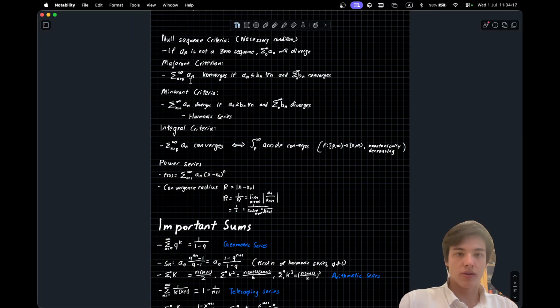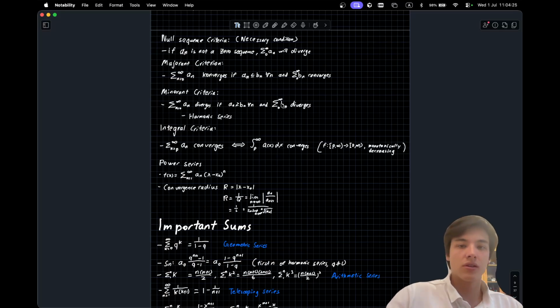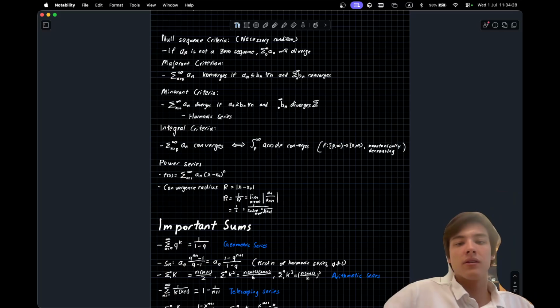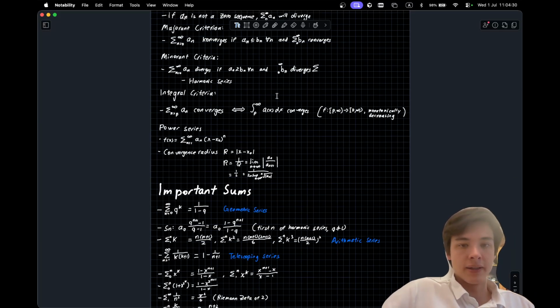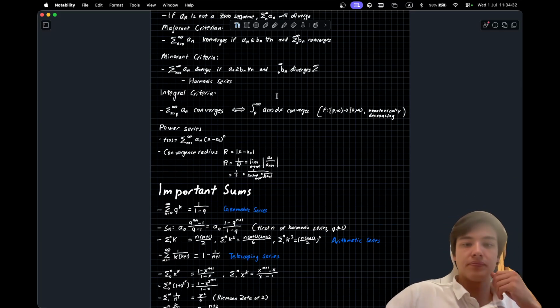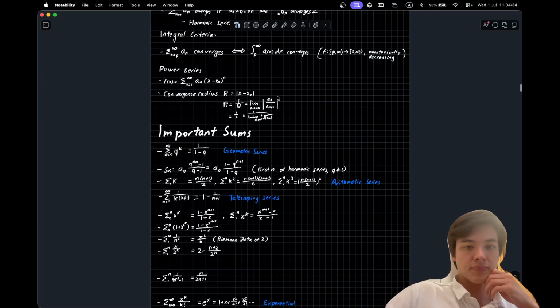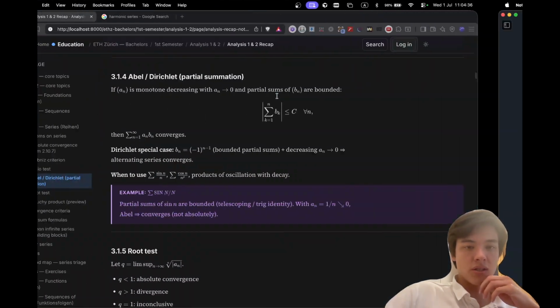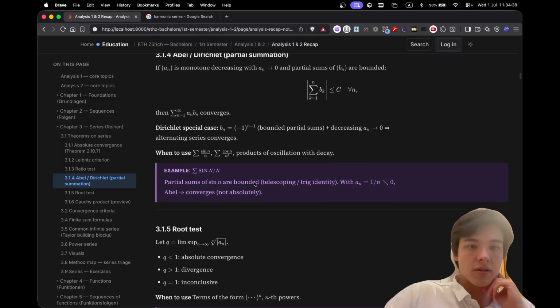And these two: if we know a series converges or diverges, and if it's larger than the one that converges, then it also converges. Diverges the other way around. Then we have important sums. Okay, good.